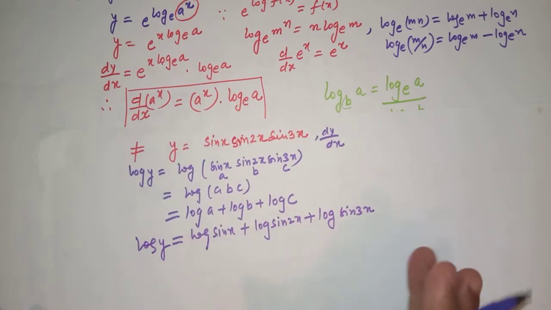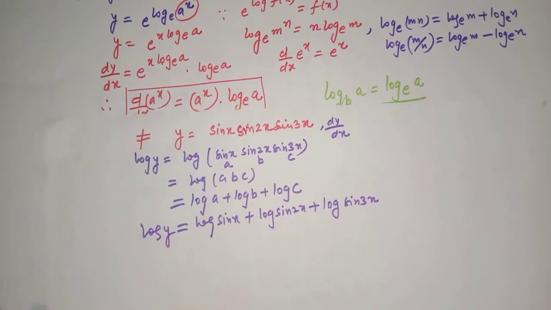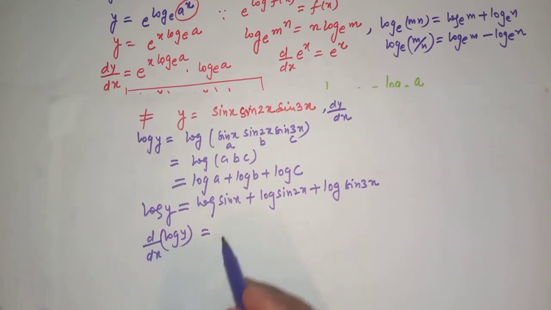Now we differentiate both sides with respect to x. So when we differentiate log y, if it is log x, then we straight away write 1 over x, but it is log y. So first we'll differentiate log y with respect to y, so we'll get 1 over y.